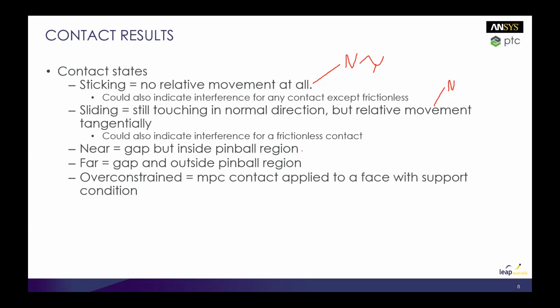Near contact means there's a gap between the parts and they're not in contact. Far contact means we're outside the pinball region. There's also another state we sometimes see, which is over-constrained. We see this when you've got an MPC contact applied to a face with a support condition, or two MPC contacts on the same face.